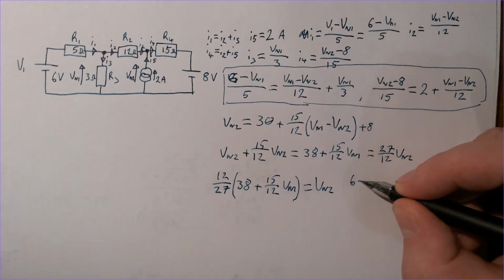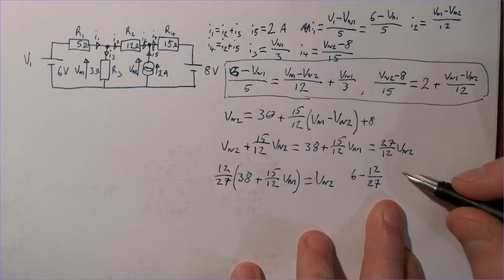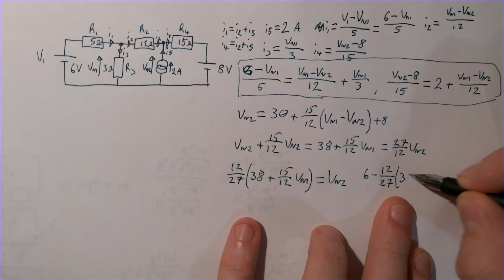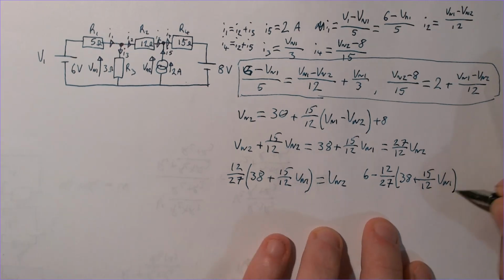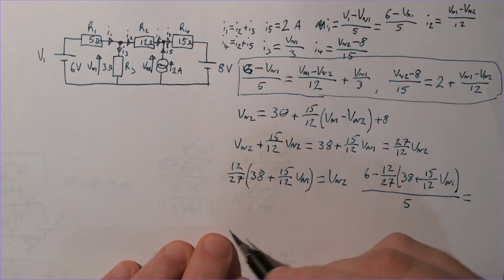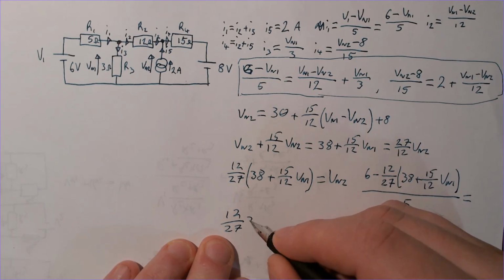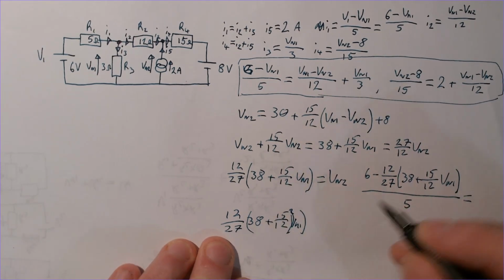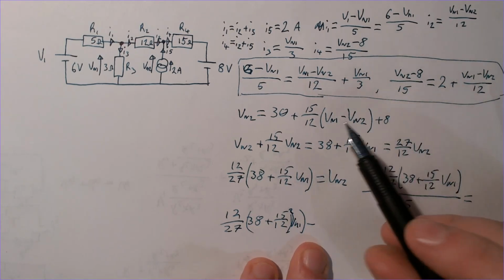So 6 minus 12 over 27 times 38 plus 15 over 12 Vn1, over 5, equals, run on down here, Vn1 again, so 12 over 27, 38 plus 15 over 12 Vn1 minus Vn, sorry, this is Vn2.